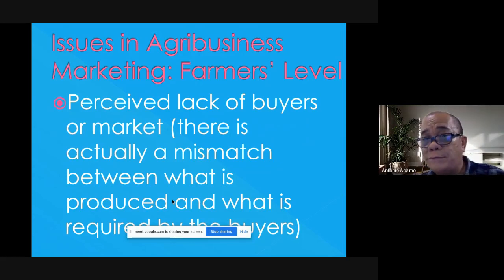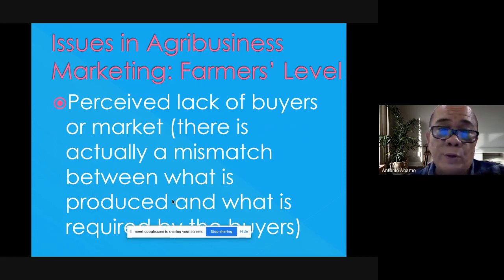So it is really a mismatch. But the next question is, how can a small farmer do this? There are things that a small farmer can do.